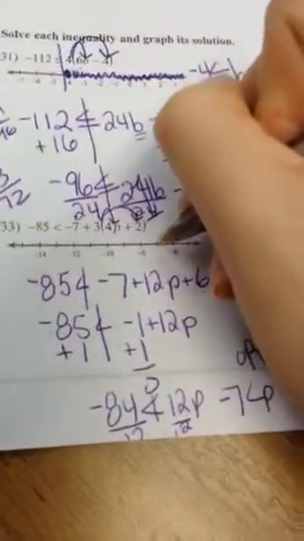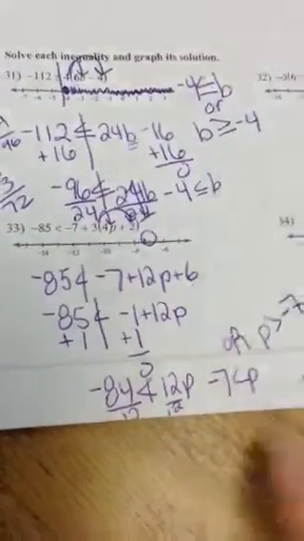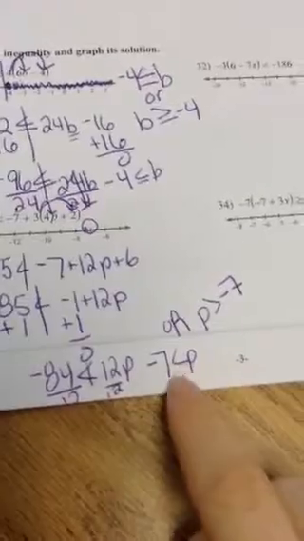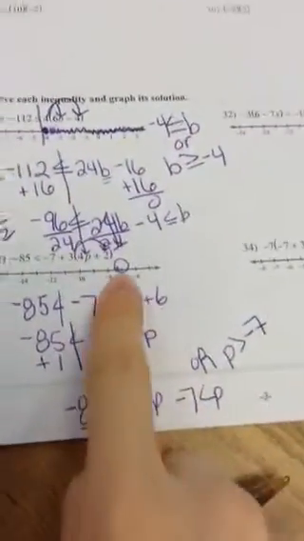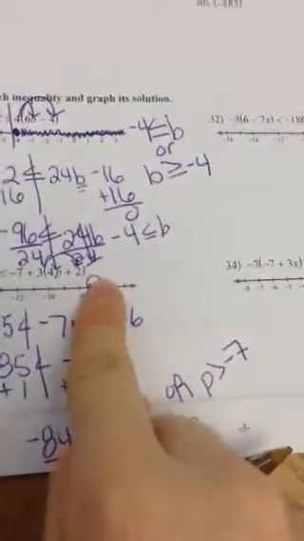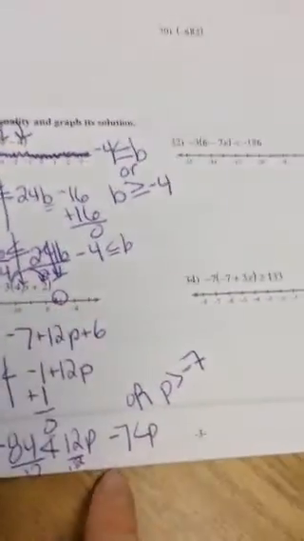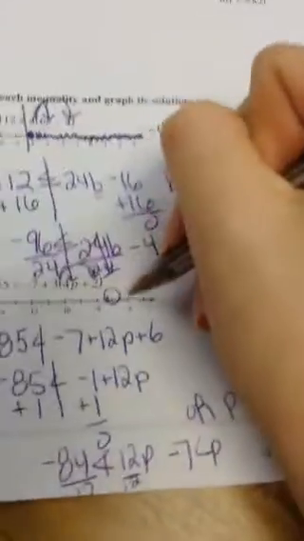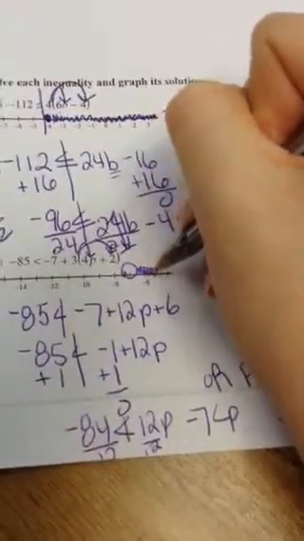So I'm going to put my dot at negative 7. Notice, there was no equal to sign. So I'm going to keep my dot opened because that means p cannot be negative 7. It can only be greater than negative 7. And if I'm going greater than negative 7, I'm going to the right.